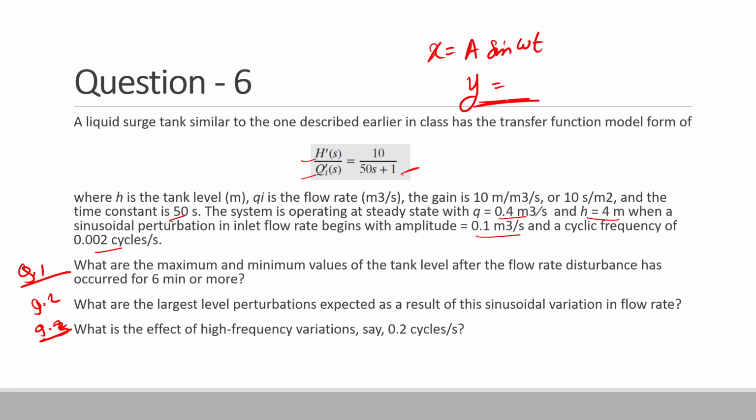Once we find the output, we have been asked to find the maximum and minimum values of the tank level after 6 minutes, and also the maximum possible perturbation, that is the maximum possible level of the tank at any given instant, and also the effect if the frequency, that is 0.2 cycles per second, is very high, then what is the effect of that on the system. So that we have to discuss.